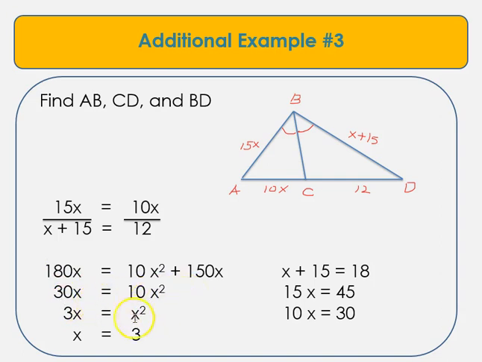If we divide both sides by 10, we have 3x equals x squared. And if we divide both sides by x, we end up with, and I reversed the order, so don't let that confuse you, x equals 3. So we can now solve for our pieces, and 3 plus 15 is 18. 15 times 3 is 45, and 10 times 3 is 30.